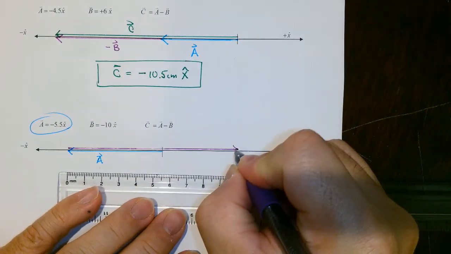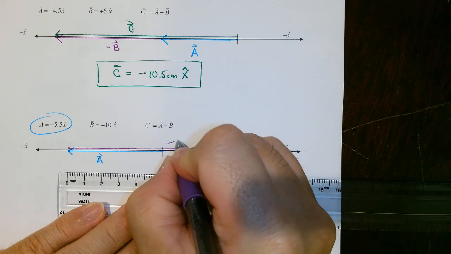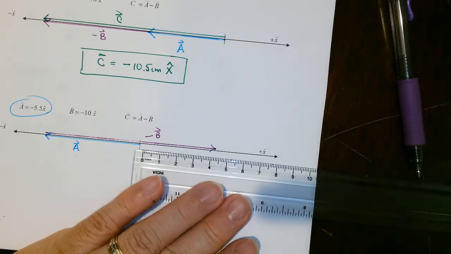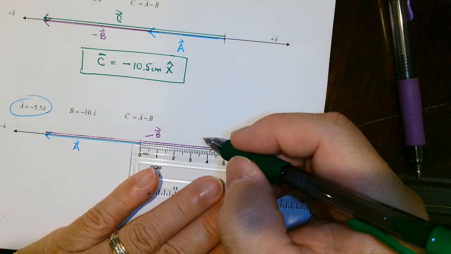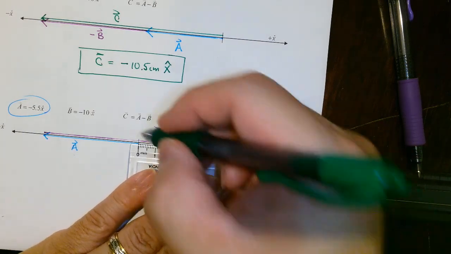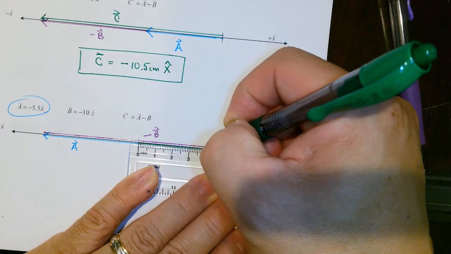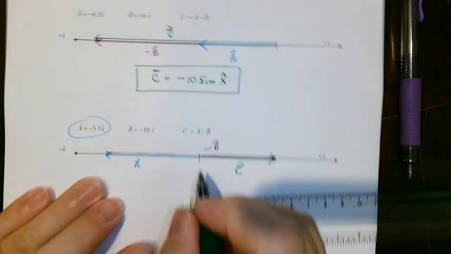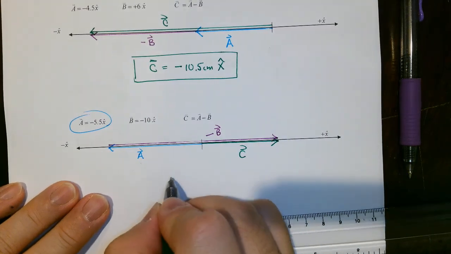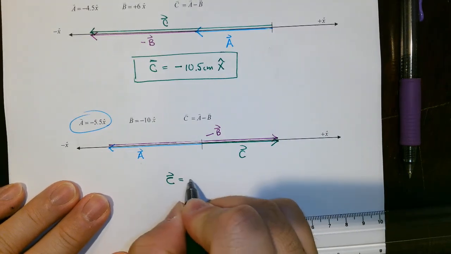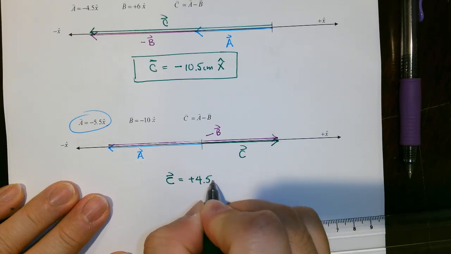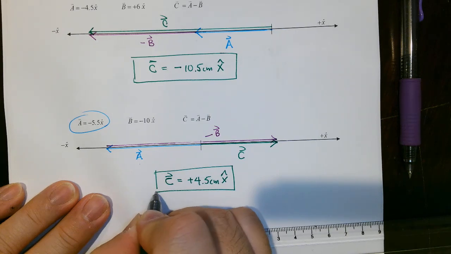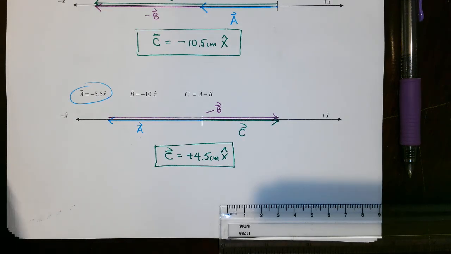So here is my negative b vector. So when I add the negative b onto my a, I get my c vector, and my c vector here is positive 4.5 x hat. All right.